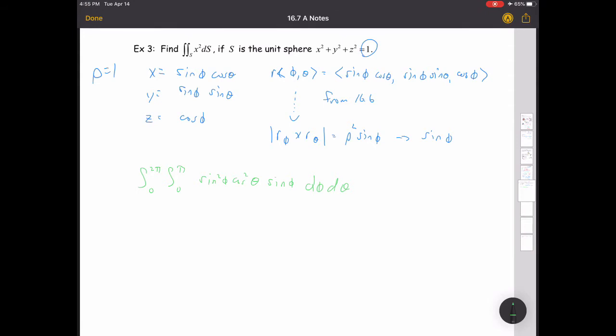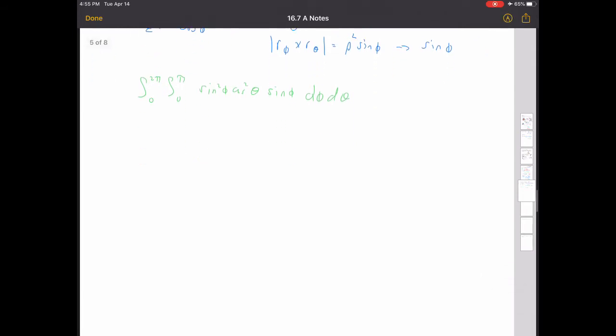Alright, I think we can split this up and do 2 separate integrals, neither of which will be horrible. We do have to do a little bit of reduction on these things, and it looks like a u substitution, but they shouldn't be horrible to do. So let's go ahead and split this up. Theta was 0 to 2 pi, and that's going to be cosine squared theta d theta.